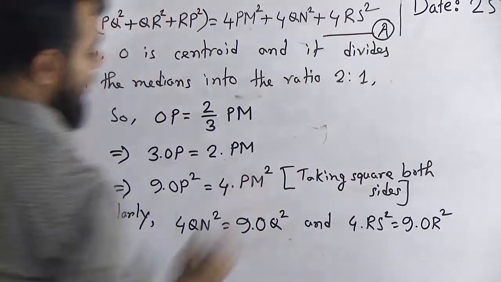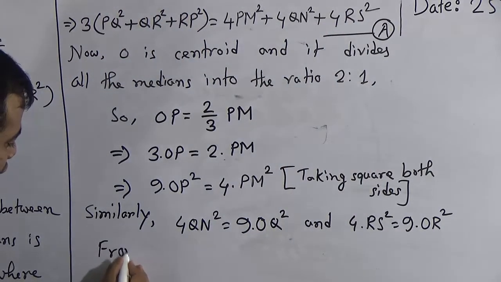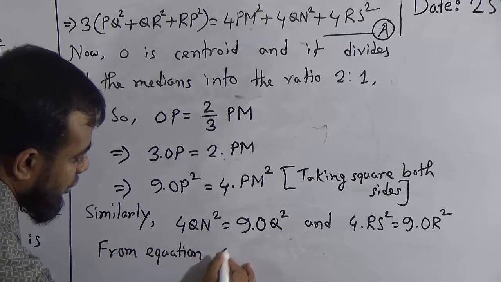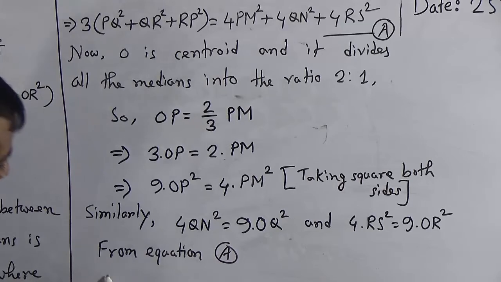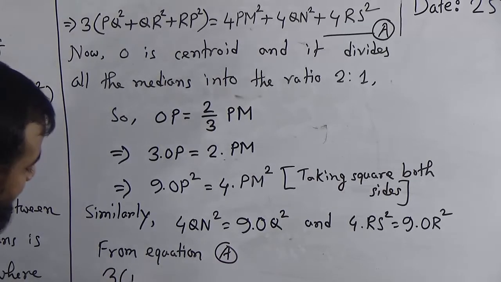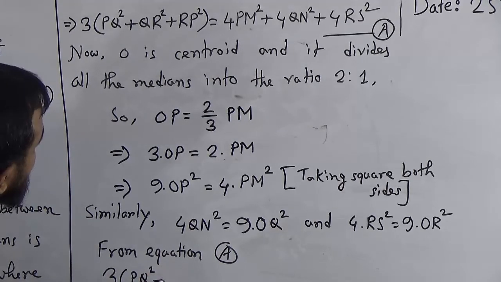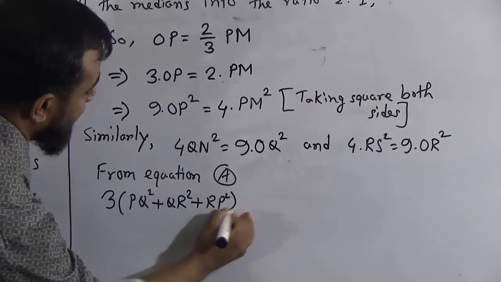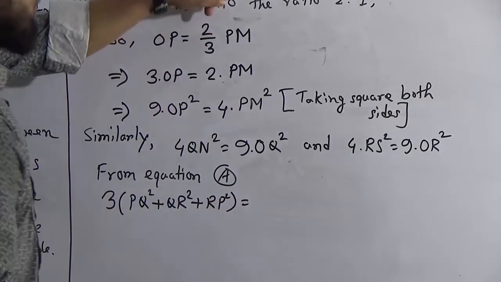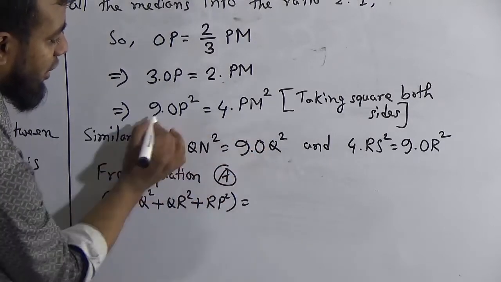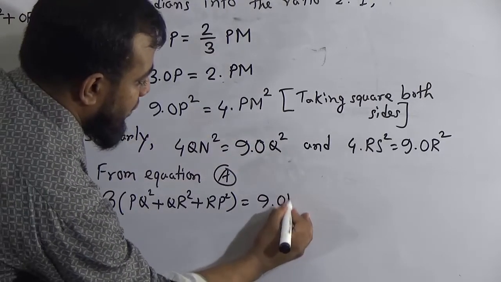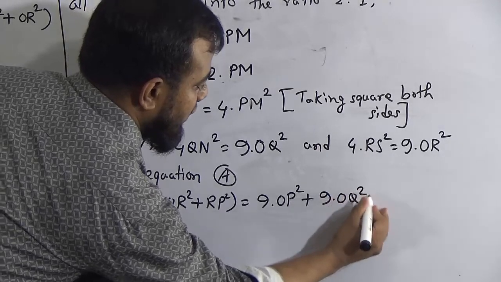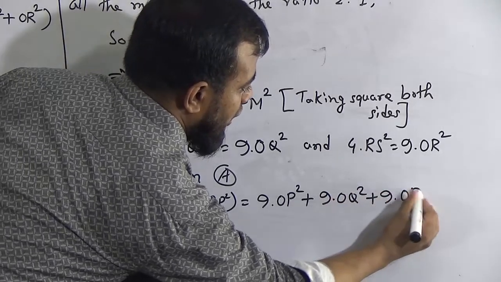From equation A, we have 3 into PQ square plus QR square plus RP square equal to, in the place of 4 PM square, 9 into OP square, plus 9 into OQ square plus 9 into OR square.